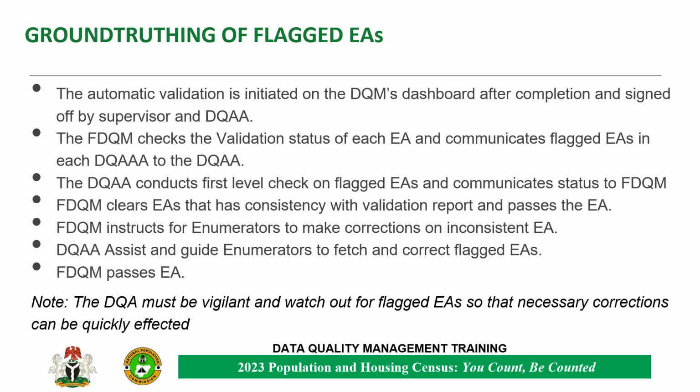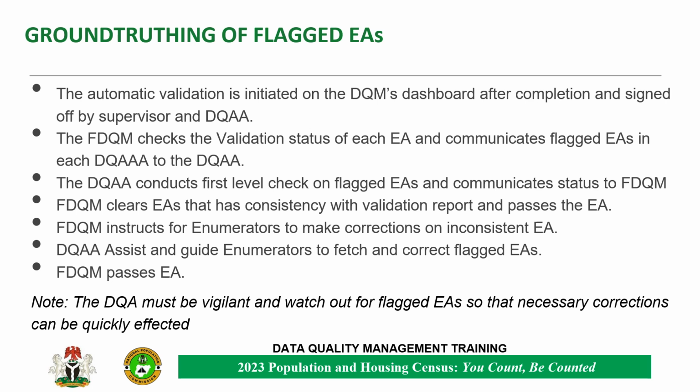Routing of flagged EAs. The automatic validation is initiated on the DQM's dashboard after completion and sign-off by the supervisor and DQAA. The FDQM checks the validation status of each EA and communicates the flagged EAs in each DQAA area to the DQAA.